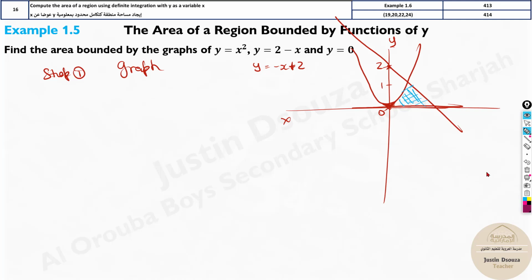So let's write the curves. One is this graph. That is what? X squared. Another one is over here, this downward slope. That is minus x plus 2, or you can write 2 minus x. And lastly, what we have is this one, y is equal to 0. Now here, what do we need? The formula.